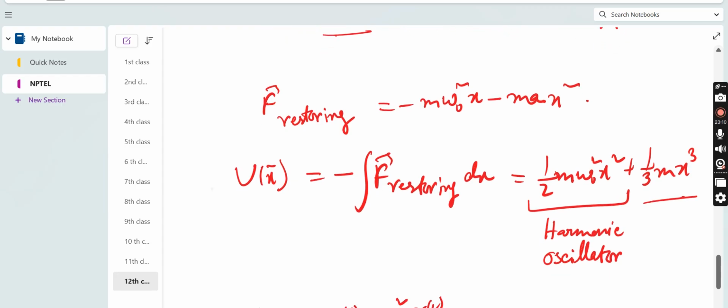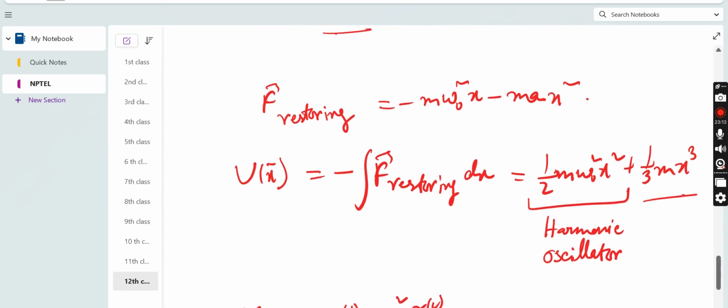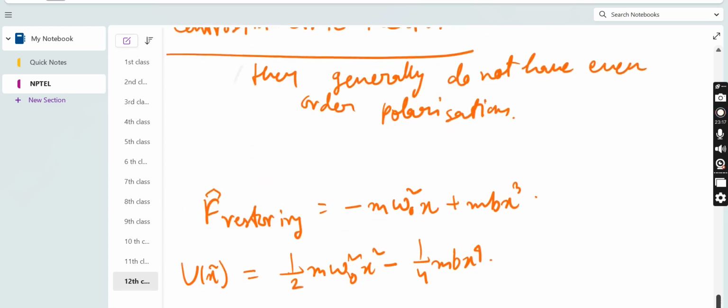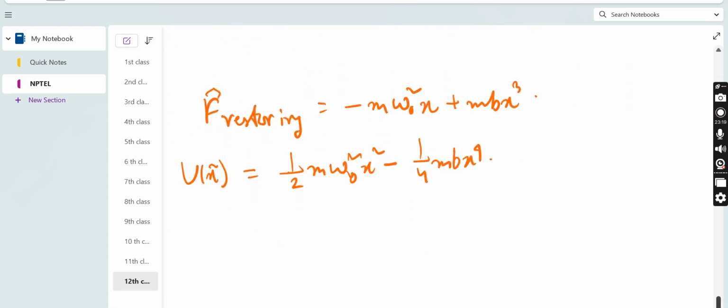So you have noticed that here the potential is harmonic oscillator plus x cubed term, and here the potential is harmonic oscillator, it doesn't matter plus minus, but where it is x to the power 4 term.